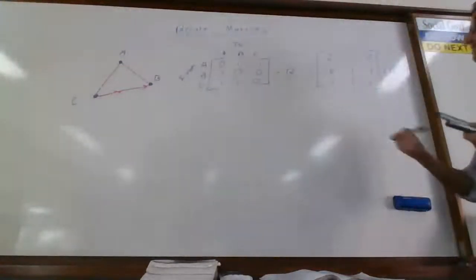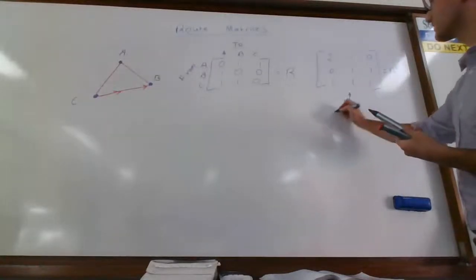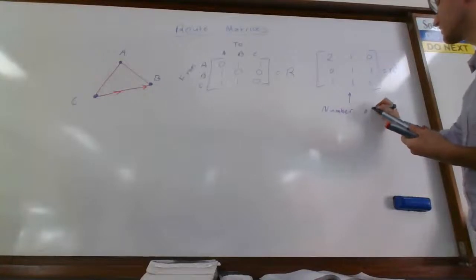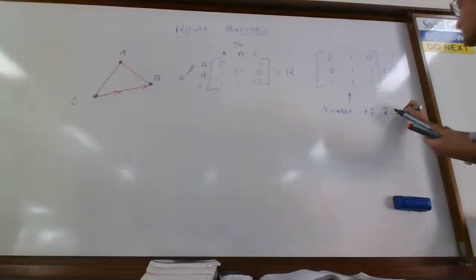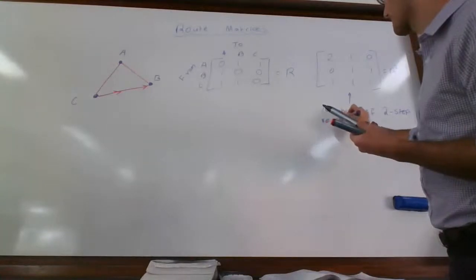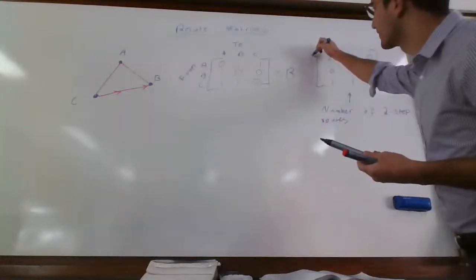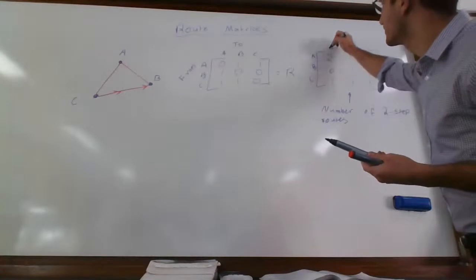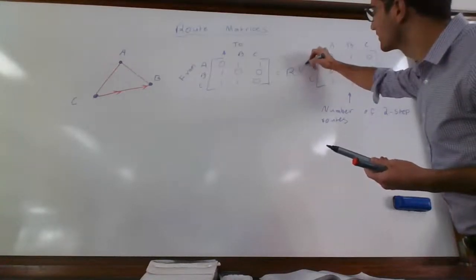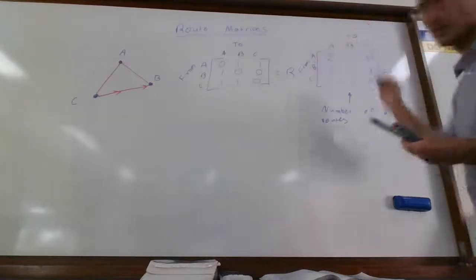This matrix shows the number of two-step routes. So if I'm going from A, B, C to A, B, C, that's 2. Aaron, watch this.